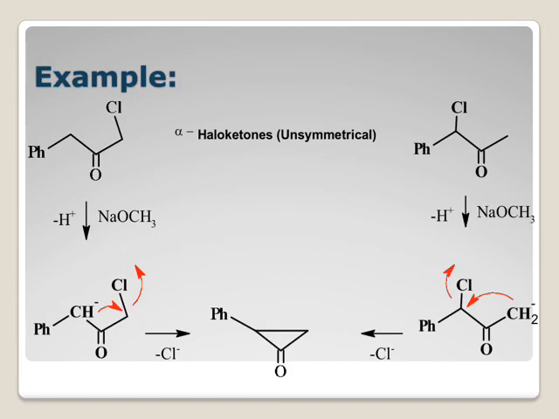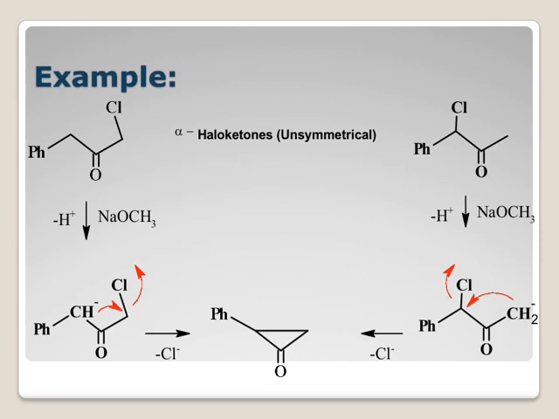So this base will abstract the proton from here, and we get this carbanion. So these are the two carbanions. Now when this negatively charged carbon atom attacks this carbon, the halogen will leave and we get this cyclopropanone intermediate, and the same thing happens over here, so we get the same intermediate. Whether we have this starting material or this starting material, both of them give the same cyclic intermediate.